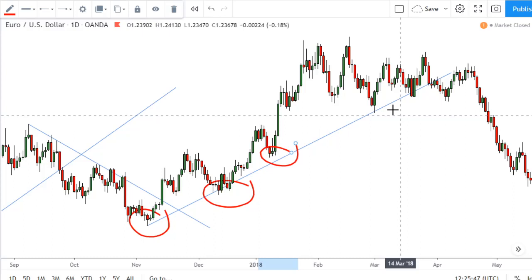But there's another concept that we will go over in the next video, called a retest, and that's exactly what happened here.